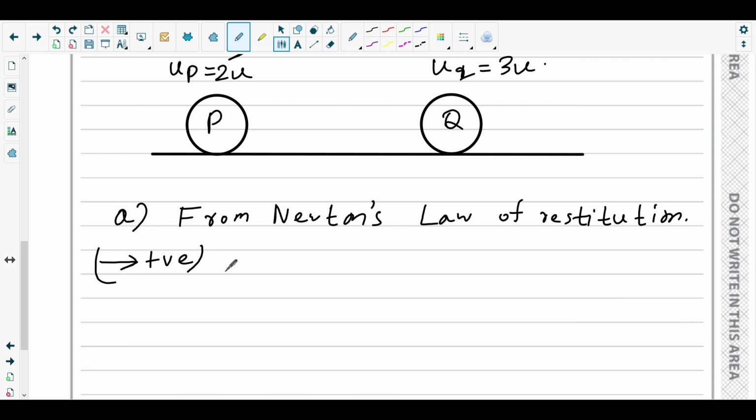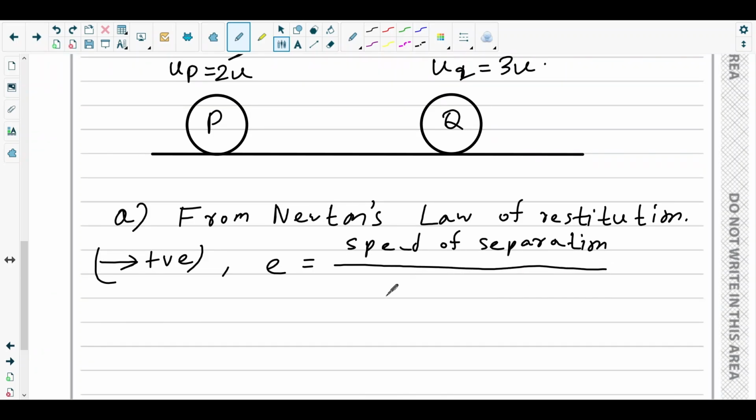So E equals the speed of separation of particles over the speed of approach of the particles.